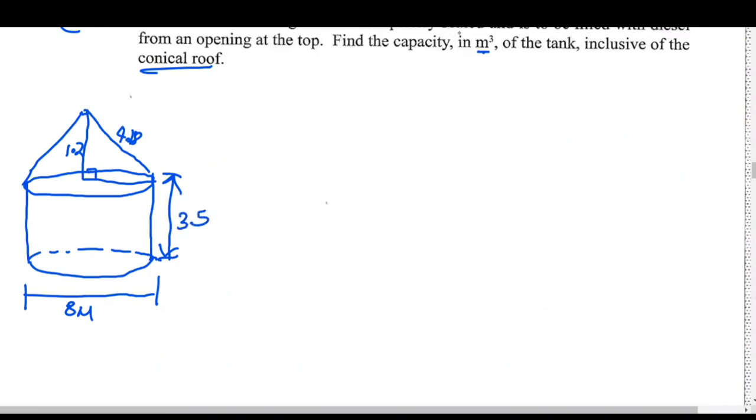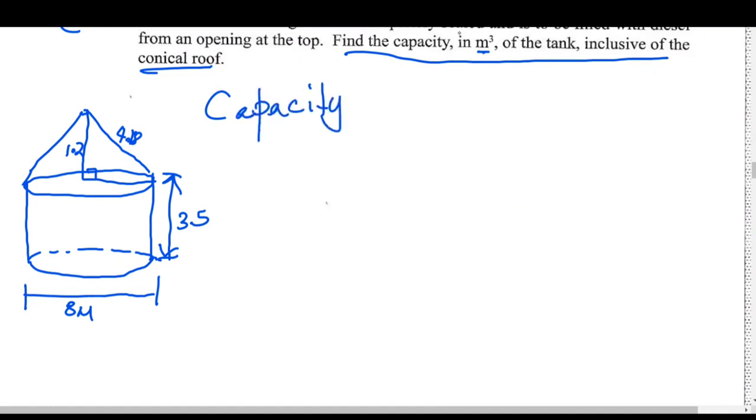But the question says, find the capacity. Now, the capacity is to find the total capacity. I'll just say the capacity of this is a combination of two things. One, it's going to be that capacity of the cylinder.